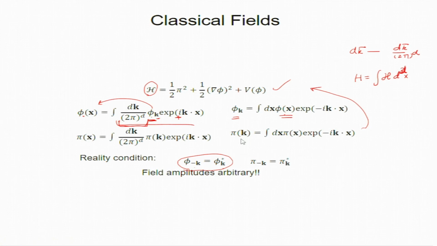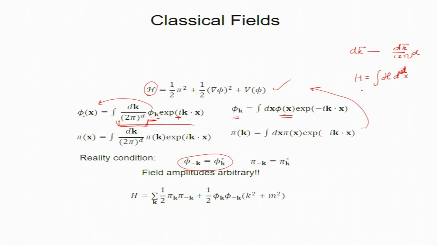Please note that this phi amplitude is arbitrary for classical fields; it can be any number. For a string, it could be 1 centimeter height, or 0.1. There is no quantization of the field in classical physics, but in quantum that will not be the case.